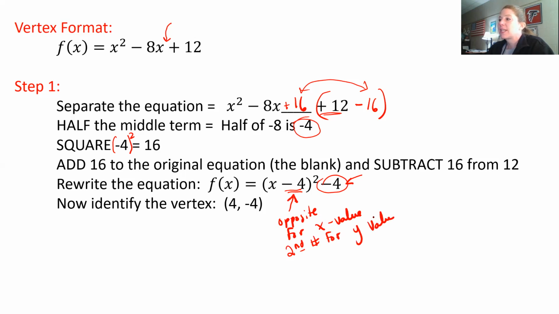That's the vertex. That's why this is called the vertex form: if you can get it into this form, you can very quickly pull out the vertex. X is the opposite of that number, and the y value is the other number, exactly like you see it.